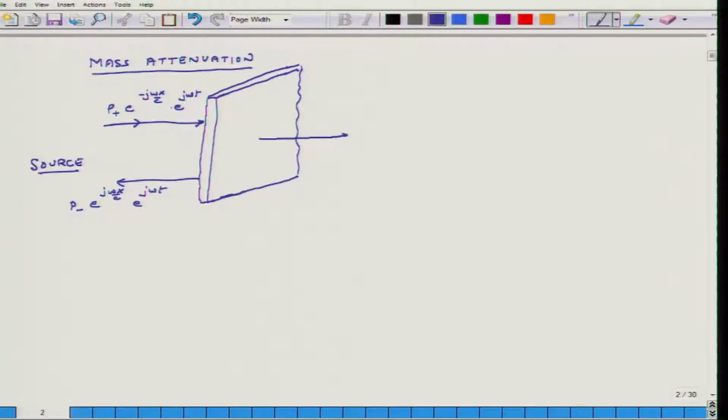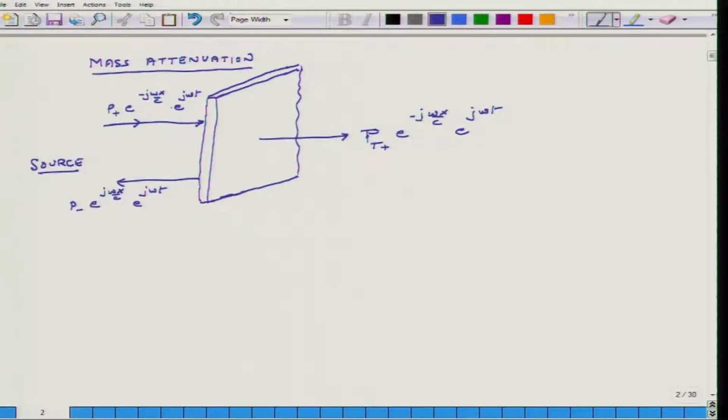Then there is some noise which gets transmitted through the wall, and the level of that noise is Pt, moving in the positive direction. Its complex pressure is Pt plus times e to the power of minus j omega x over c, times e to the j omega t.